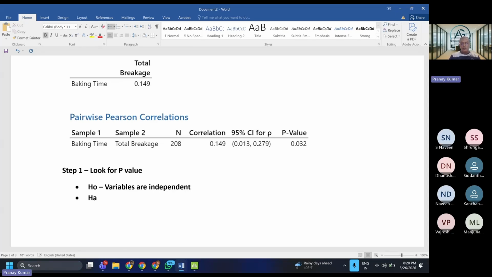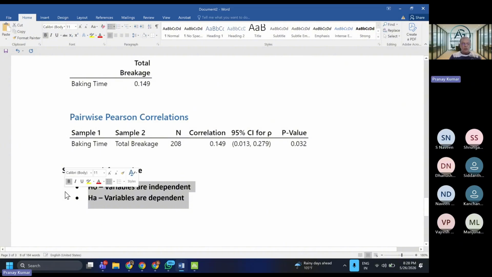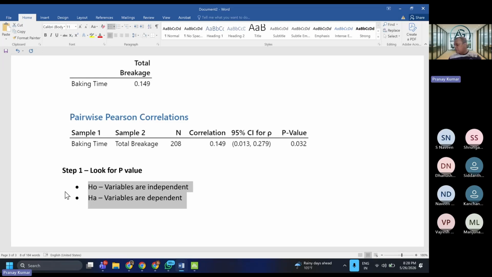In alternate, we will say variables are dependent. This is one of the biggest limitations. Because it is a correlation, it is not able to explain causality. It is not able to verify which factor impacts which factor. It is simply telling you that these two are related, these two are not related.